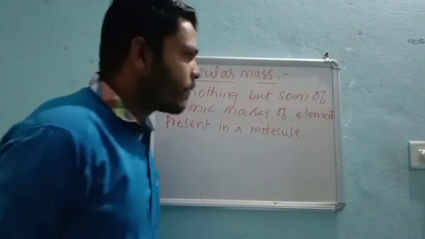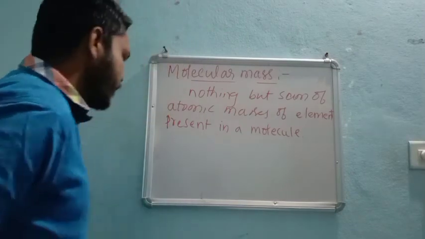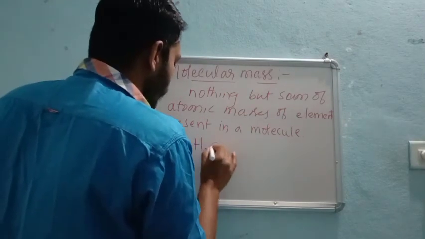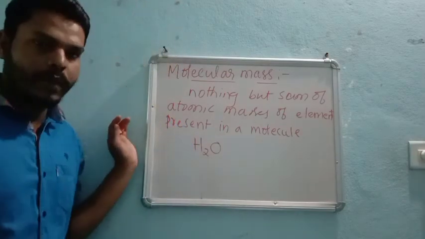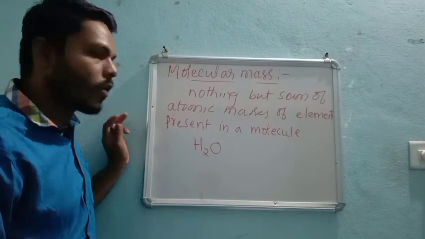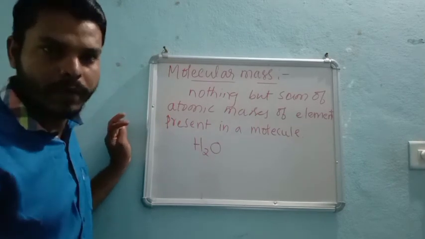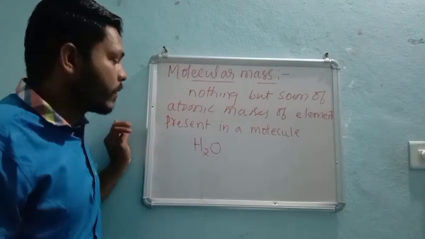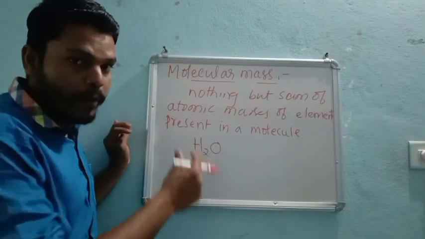So now I will take one example, right? If they ask you to calculate the molecular mass of water, what do we need to do? Here first we need to check how many different types of elements are present.